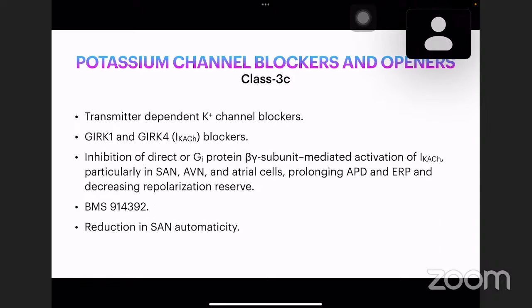So coming to class 3C, these are transmitter dependent potassium channel blockers. These are potassium acetylcholine inflow blockers.